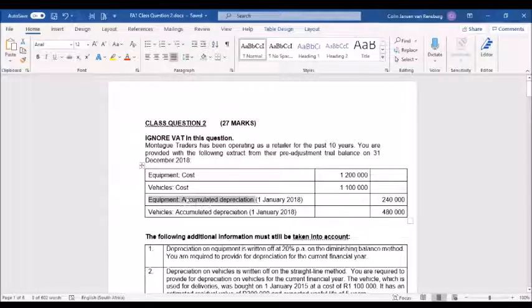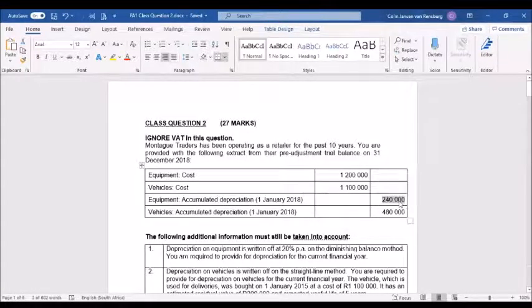So this account name, what does that indicate? It indicates the category of property, plant, and equipment, and in this case, it is just the equipment. And then also what the account contains. This particular account contains the accumulated depreciation.